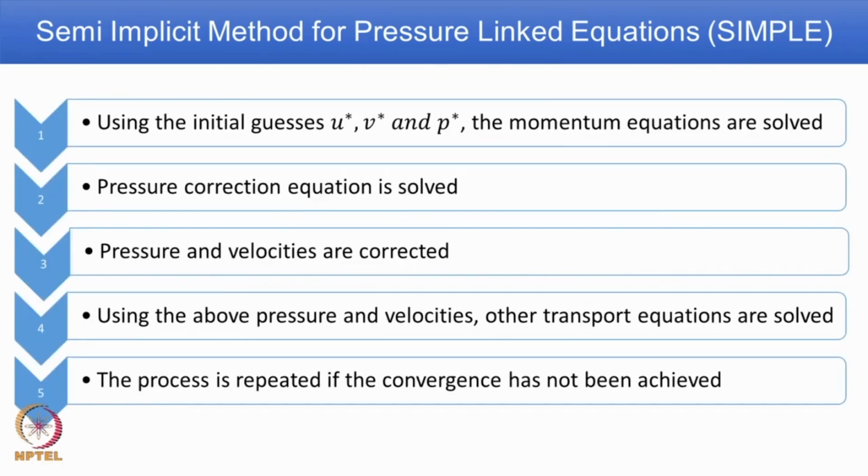So, if I put all the steps in one slide, we start with initial guesses for u star, v star, p star. The momentum equations are solved, the pressure correction equation is set up and that is solved. Then from that step you get p prime, and that is used to obtain pressure as well as velocity.